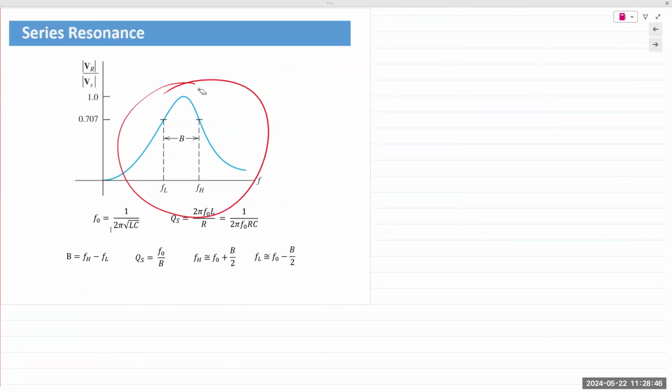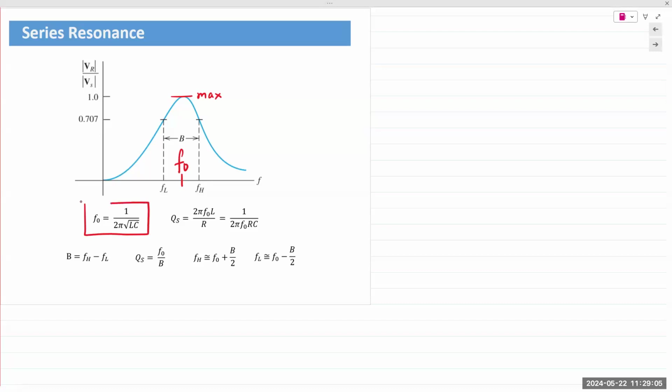The output is at a maximum right at the center, at F0. And F0 depends on the value of the components L and C. So F0 is 1 over 2 pi root of LC.